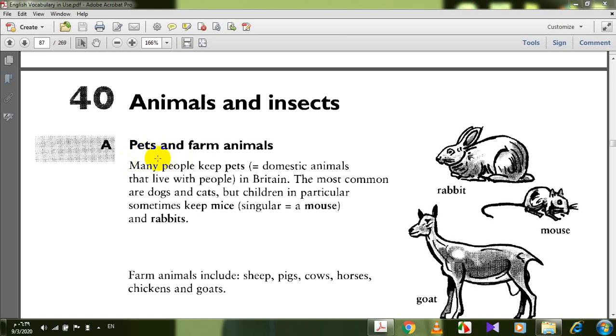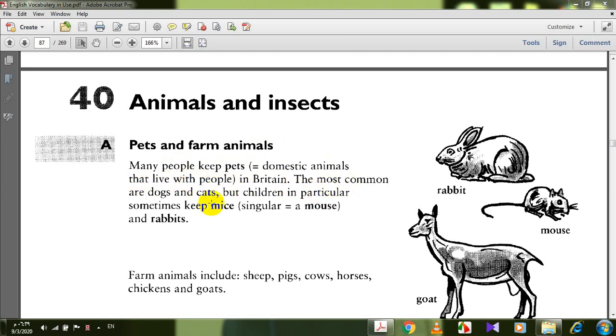Pets are animals that are kept at home, and farm animals, okay? Many people keep pets, domestic animals that live with people in Britain.